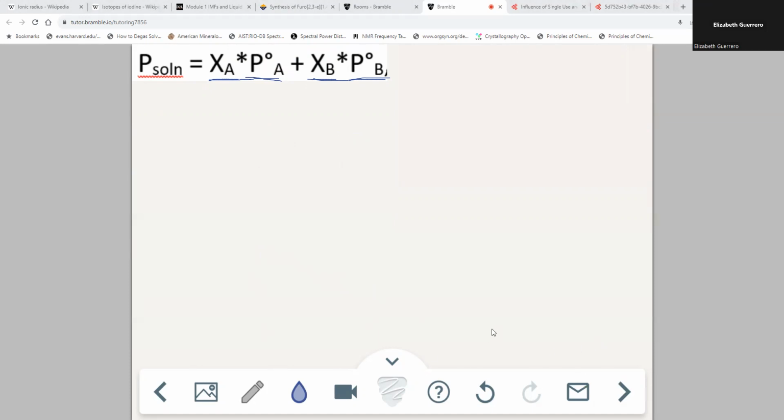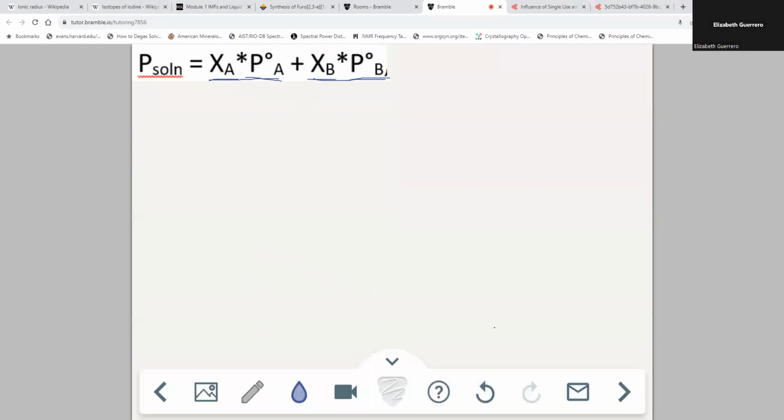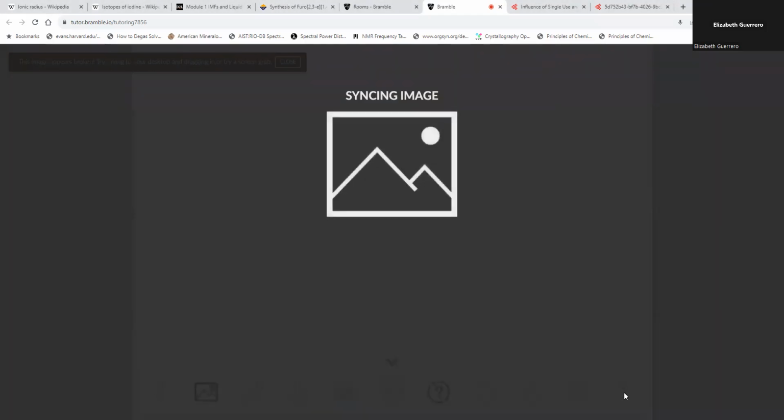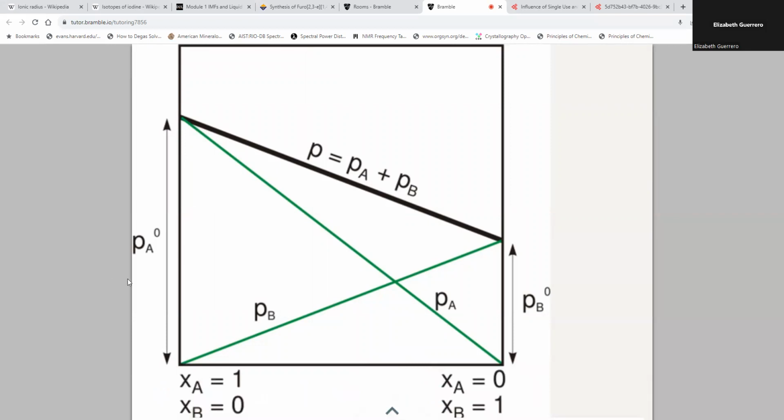What you end up getting is something like this, where your vapor pressure of your first liquid and your vapor pressure of your second liquid, it's going to be a weighted average of those two vapor pressures.